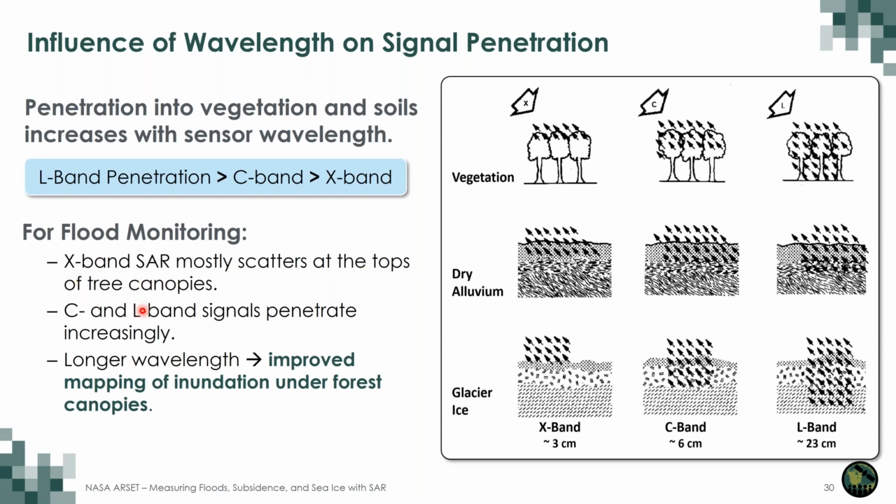C band to L band has then increasing penetration ability, and longer wavelengths such as L band are useful for mapping of inundation under forest canopies. So upcoming L band missions will give you improved capability to map water not only in open terrain, but also find water under forest canopies.